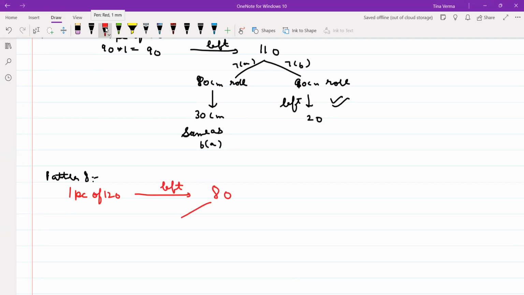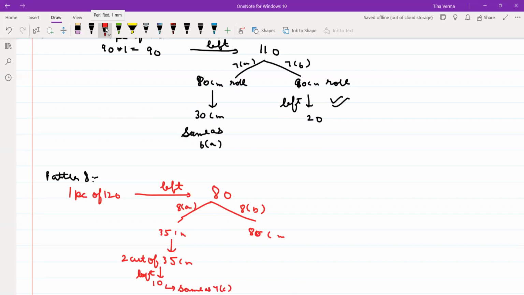So from 80, I can go for 35 centimeter and 80 centimeter. So from 80, how many rolls of 35 do you have to cut? 2 cuts of 35 centimeter, that is your 70, and that means you are left with 10, which is the same as 4C that you have already discussed.